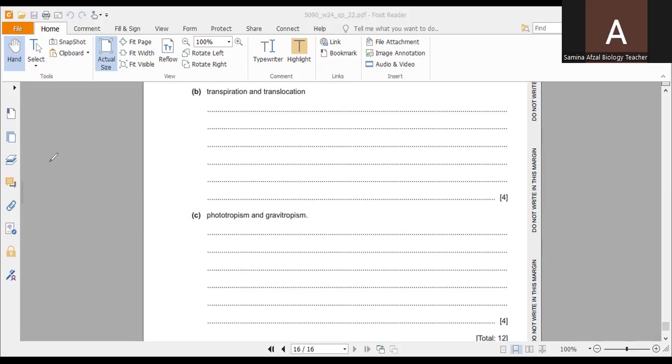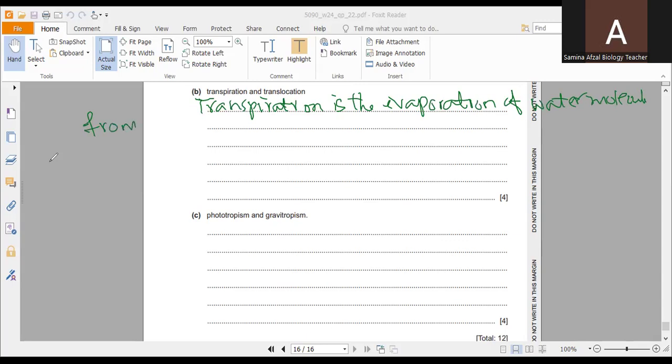You can say transpiration is the evaporation of water molecules from aerial parts of the plant.